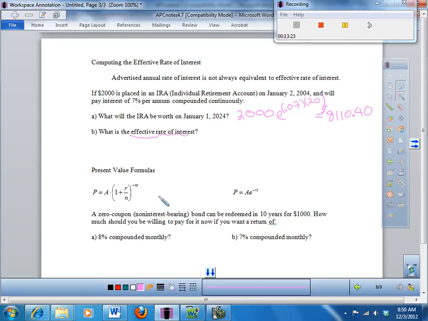The way that you can do this is use that original formula that says interest equals PRT, and you want to solve this for R. So how much interest did I make from $2,000 to $8,110.40? That's 6,000.